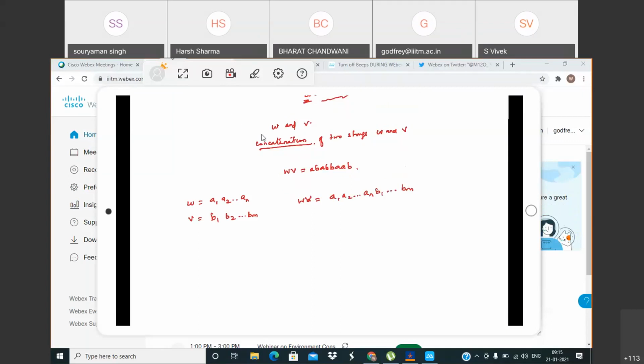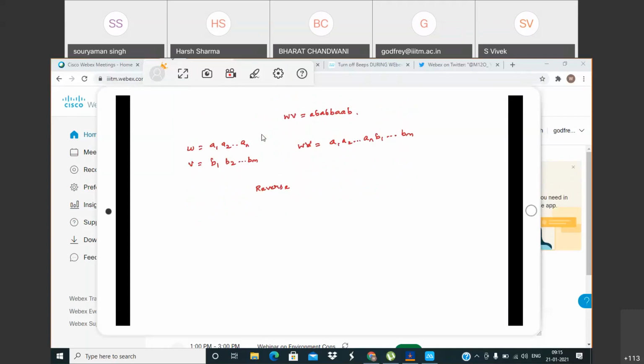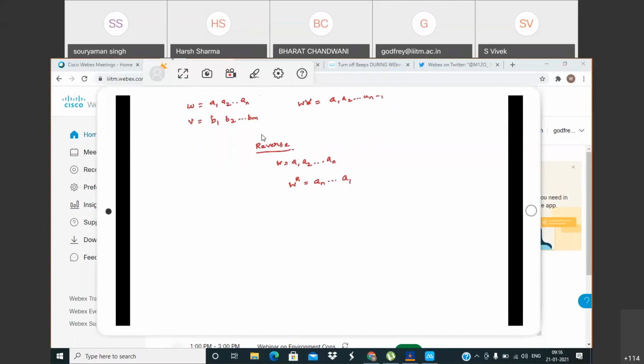Concatenation is one operation. Similarly, we can also have another operation, which is the reverse operation. Given a string W equal to A1, A2 up till AN, the reverse of the string, WR, is obtained as AN up till A1.